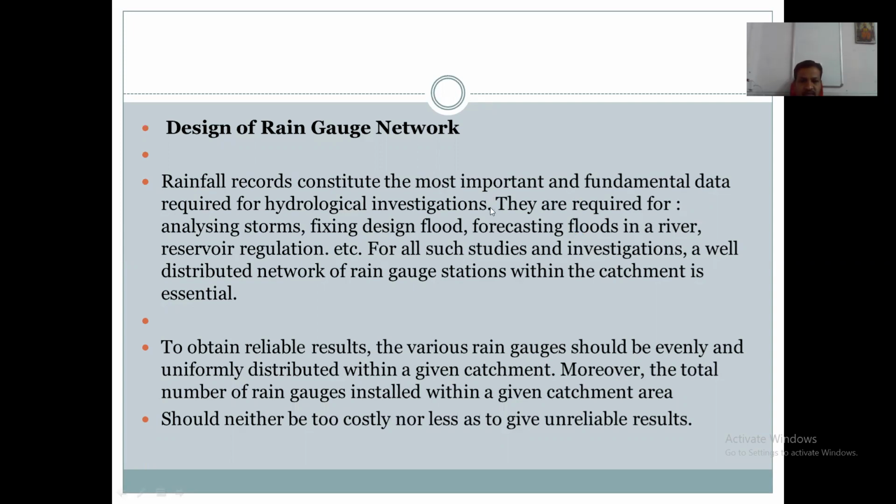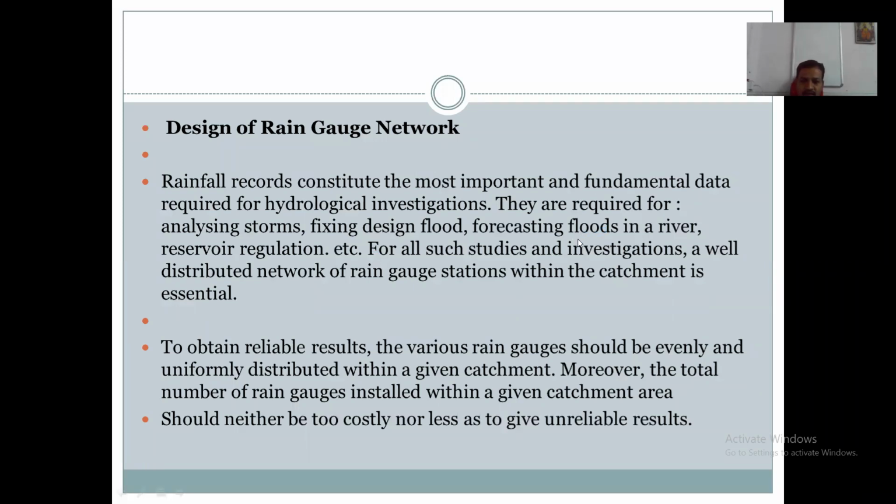and for other reasons, such as analyzing the storms, levels of the water, designing the flood, the quantity of water for supplying water to the crops, or how much water is required for distribution to particular cities or towns, or for forecasting the floods in the river.